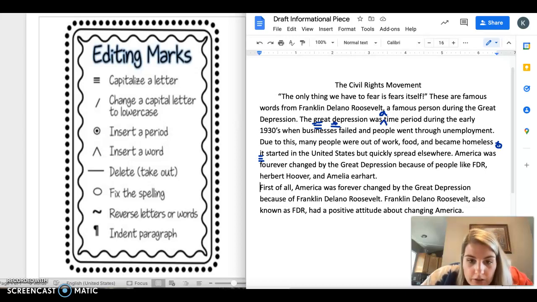So let's circle this, because that's not how you spell forever. And then I'm going to put a backslash to delete that. There we go. So I would just circle the spelling that was incorrect.